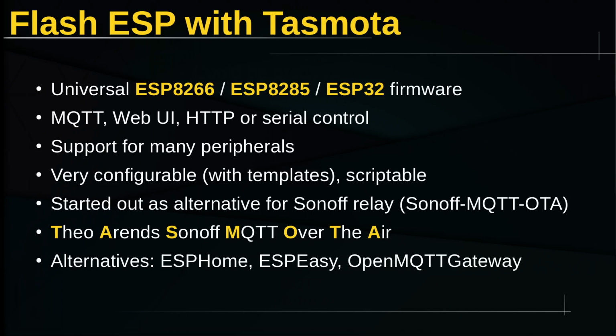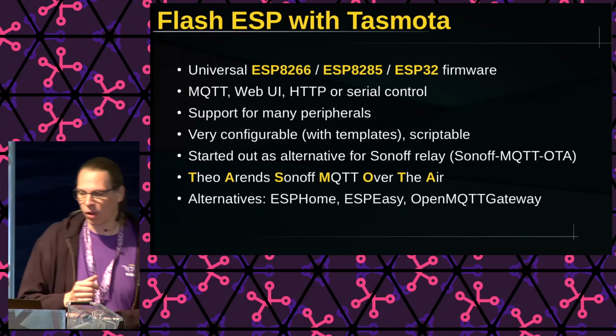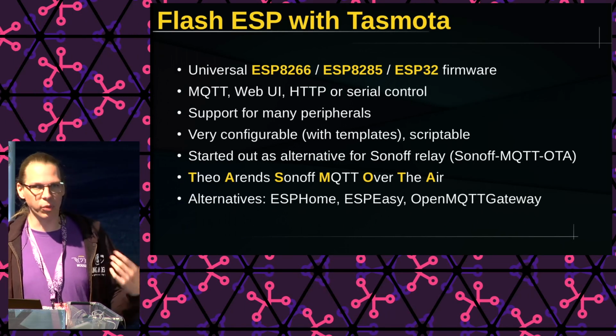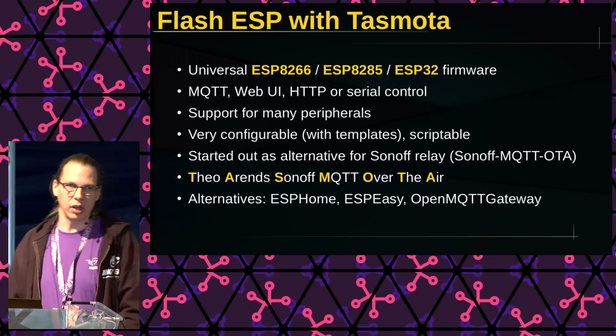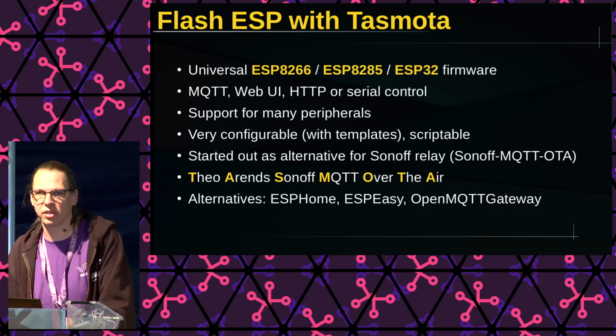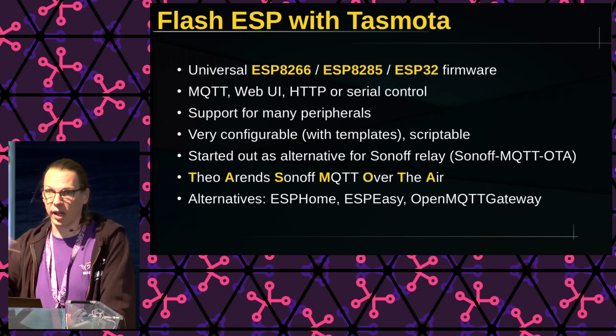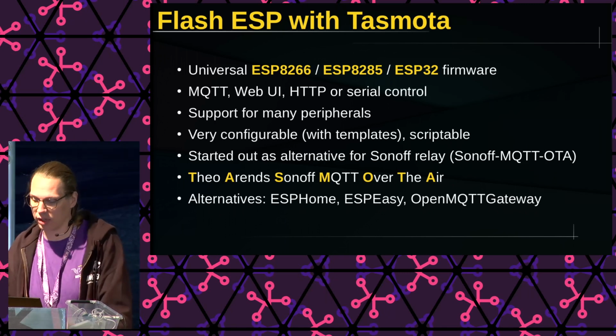And it already has support for many, many peripherals you could hook up to your ESP. It's very configurable, and although it started out for a smart relay, a Sonoff relay, it is now a huge library for a lot of different devices, and you could probably have the ESP version of the Tuya Lite in there with just a few clicks, which we will actually try and do.